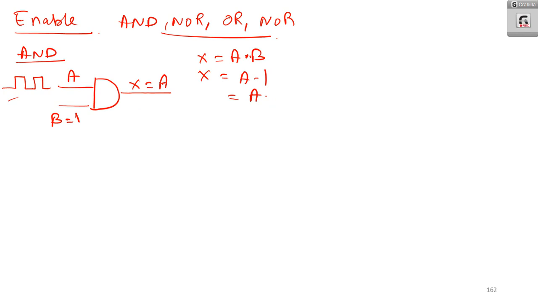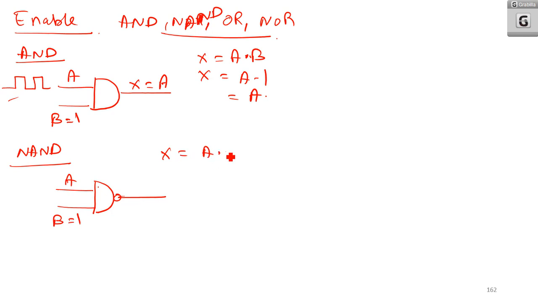Okay. Next one is enabling using NAND. That means if you need to make the complement and enable, I am using a NAND gate with A as input and B set to 1. So what happens? H is equal to (A dot B) the whole bar.